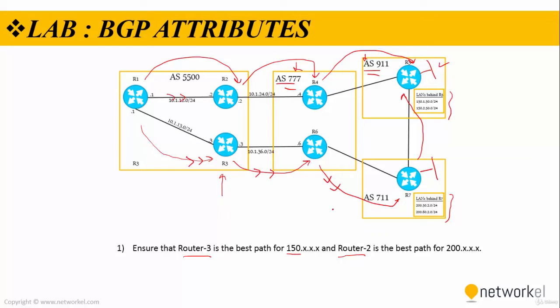And if I want to reach the other network, this network in here, I should use the path going through router 1. What I'm going to configure is some access lists, match them via match statements in my route maps, and define a local preference attribute.